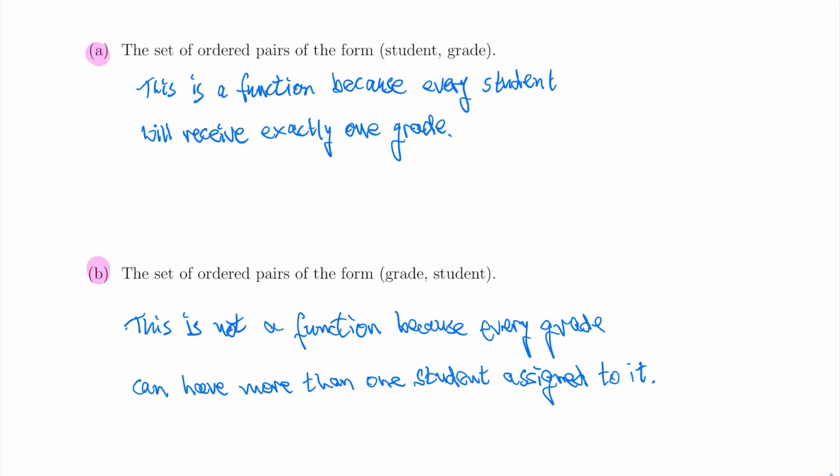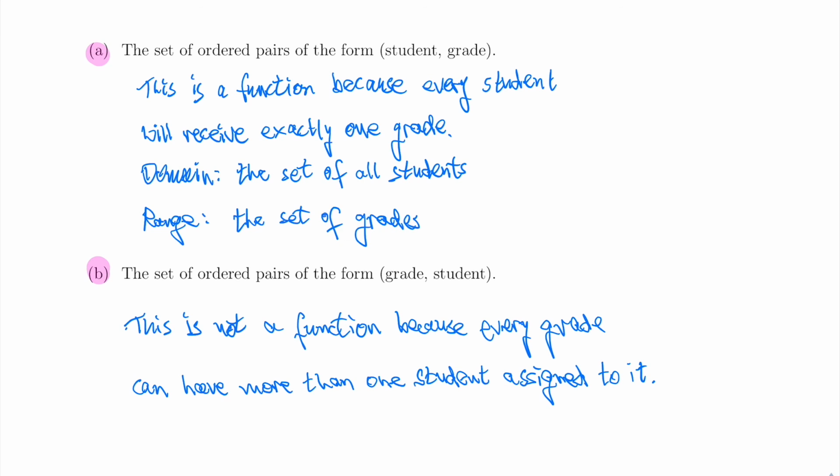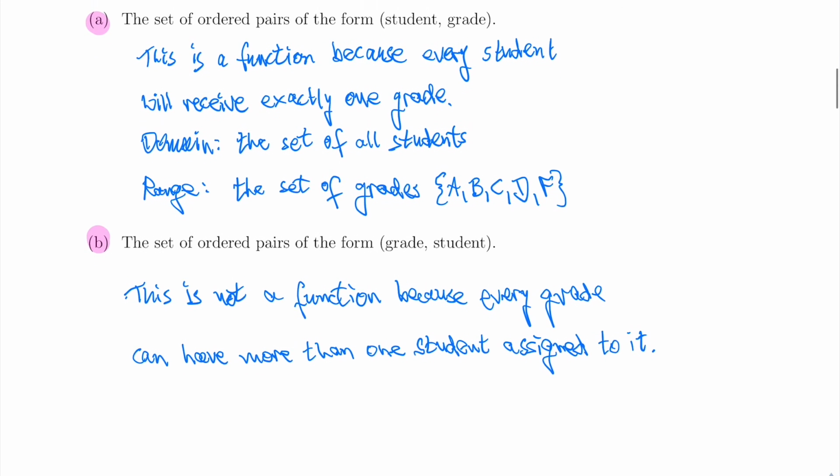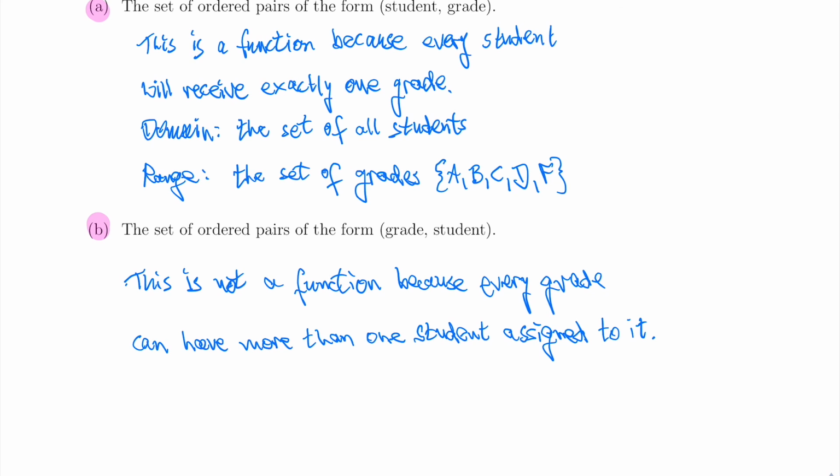Now we can also think for a second about what is then the domain and the range in each example. So for the first example, our domain is actually all the students, and the range then is the set of our possible grades, which we could also write out directly. Now in the next example, it is actually the other way around, right?